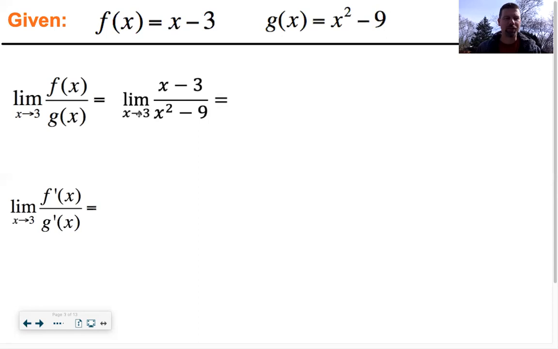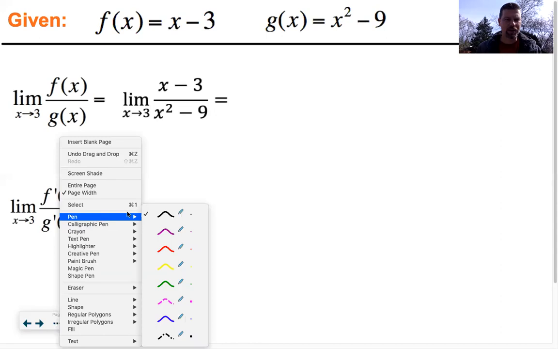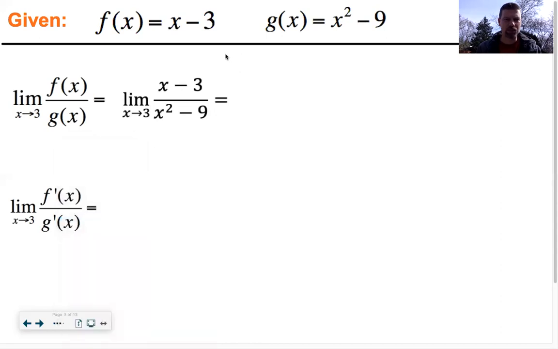If I tried plugging a 3 in there, I'd end up with 3 minus 3 on the top, which is 0, over, plugging a 3 in there, 9 minus 9, which is also 0. That's 0 over 0. That's that indeterminate form thing.